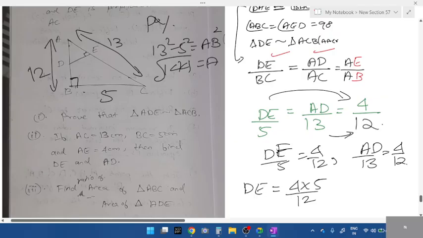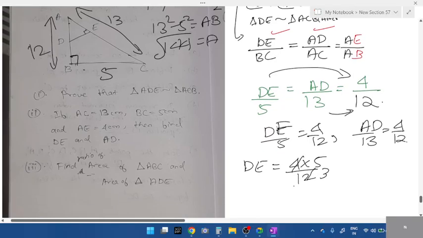AE is 4 centimeters. BC is 5 centimeters. 4 ones are 4, 4 threes are 12. What's the value, students? DE is equal to 5 by 3. And what is the AD value?